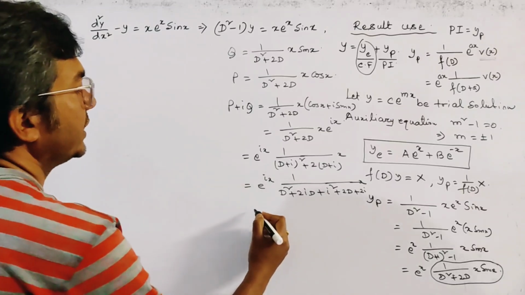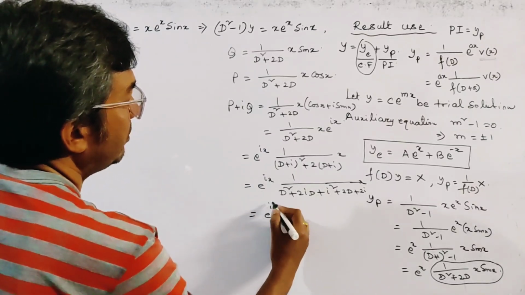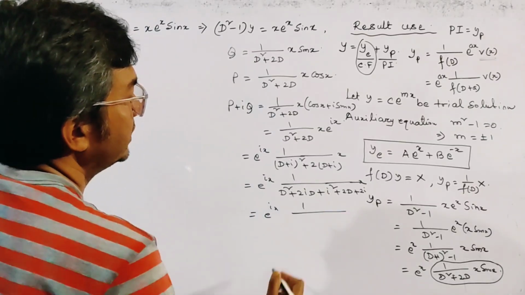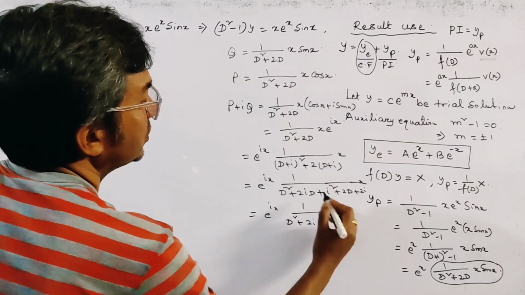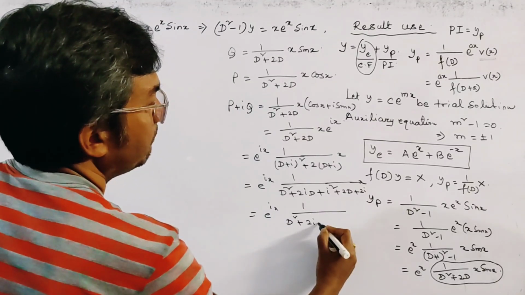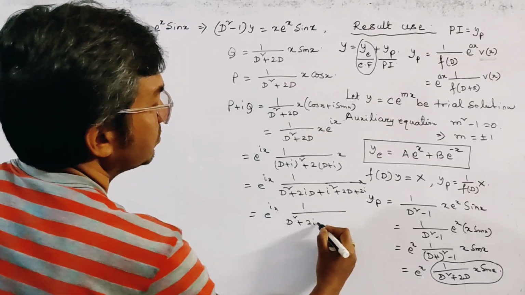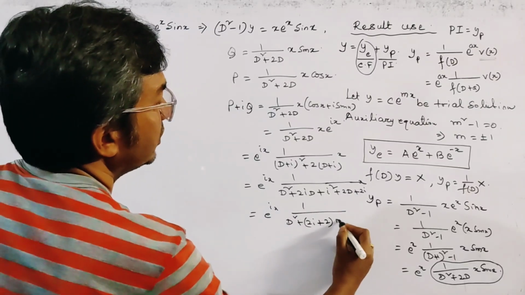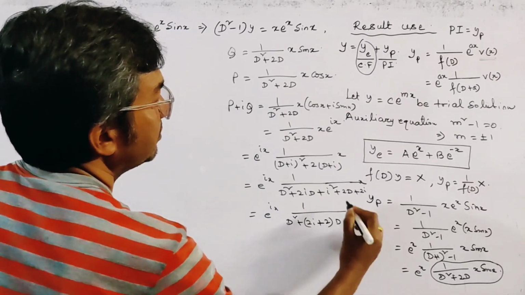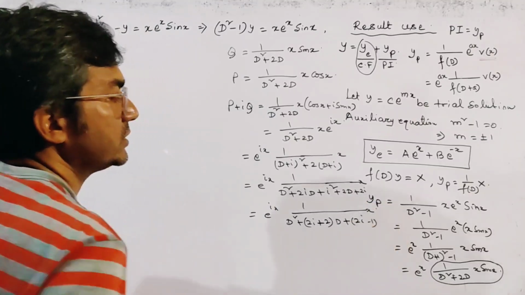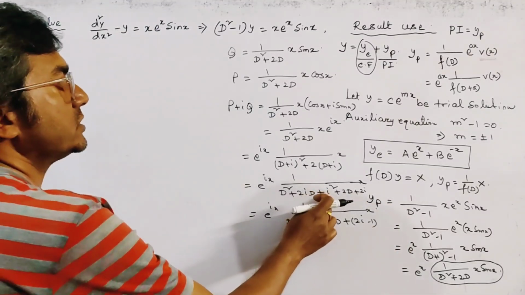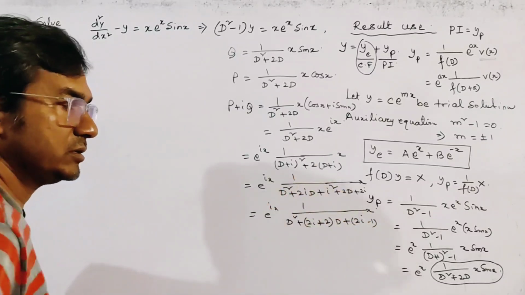The result is e to the power ix into 1 by D square plus (2i plus 2) into D plus (2i minus 1), into x, because i square is equal to minus 1.